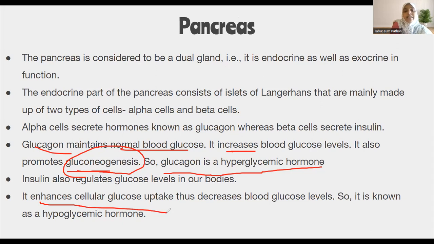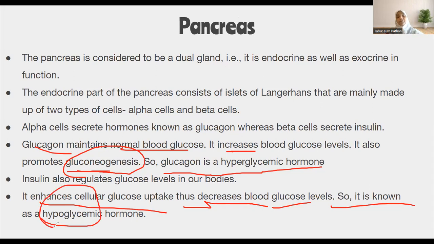It informs the cells to take up more and more glucose from the blood so that the increased blood level is decreased. Thus the blood glucose level decreases, and hence it is known as a hypoglycemic hormone. Understand the difference between the two, very important. Glucagon will be released if there is a low blood sugar level, and insulin will be released if there is a high blood sugar level.